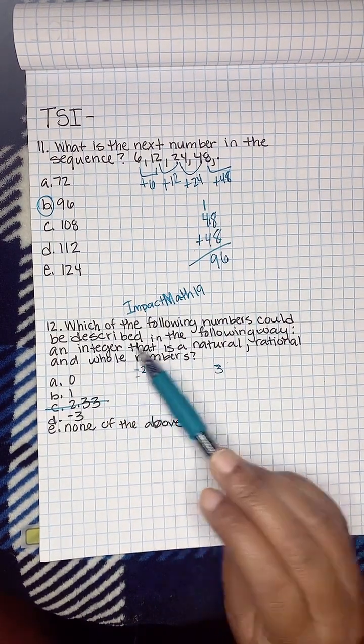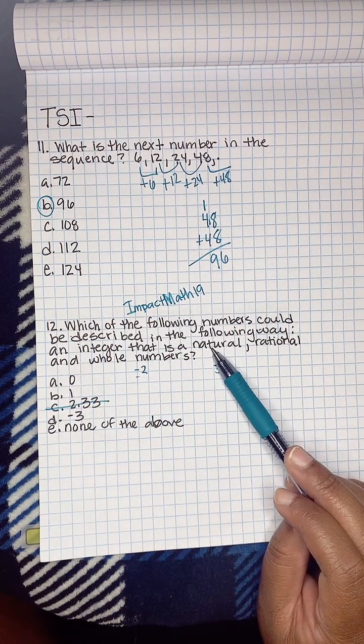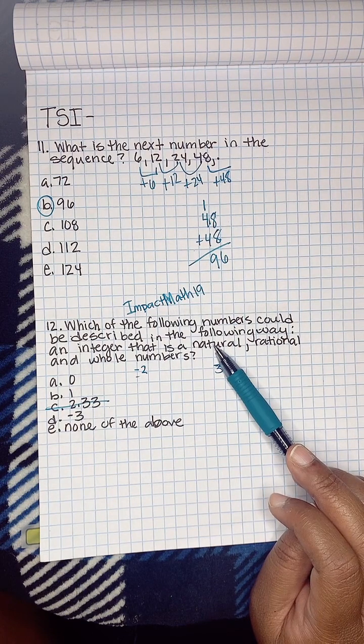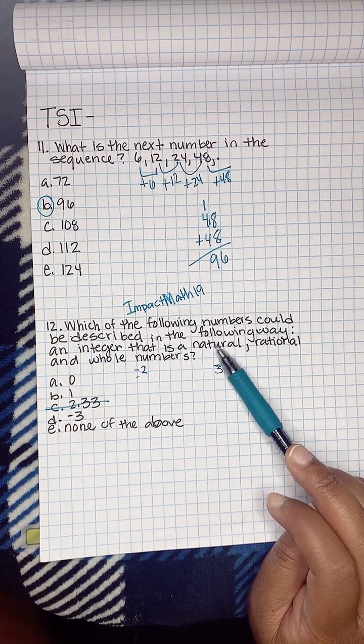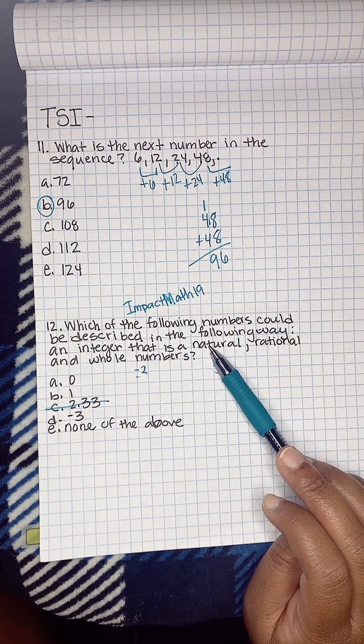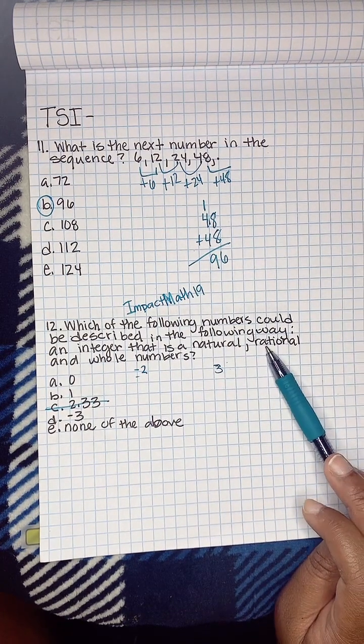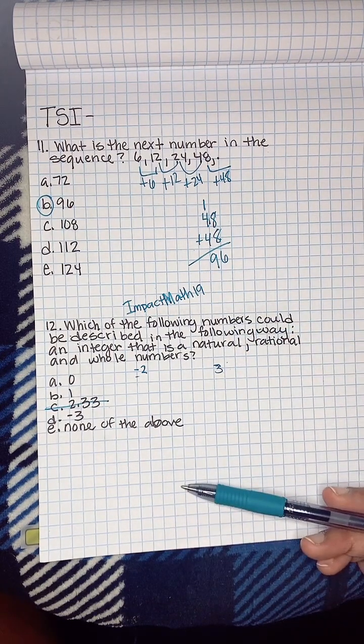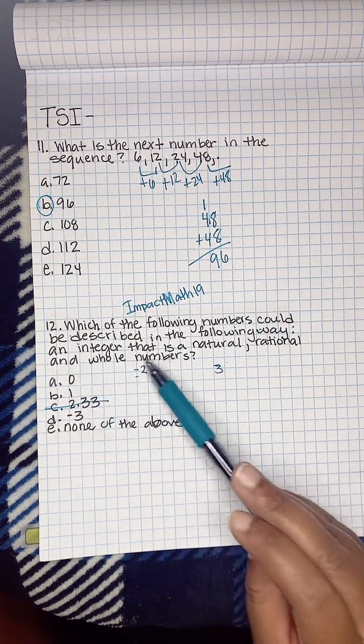So it's an integer that is a natural number. Natural means that you start counting by 1, I believe. Rational just means that it could be divided by 1. And it is a whole number.